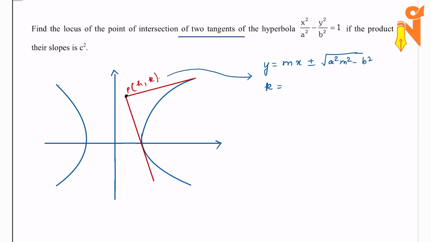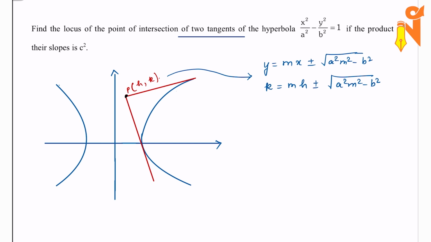In place of x and y, replace with h comma k: k = mh ± √(a²m² − b²). Now you have to frame a quadratic equation in terms of m.